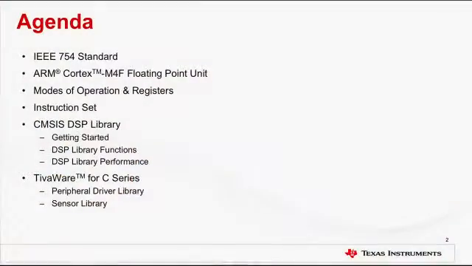Today we will talk about the floating point unit on the state-of-the-art new Tiva TM4C123X family of microcontrollers. By the end of this presentation, you will be familiar with the IEEE 754 standard of representing floating point numbers, the floating point unit on the TM4C123X microcontrollers, its modes of operation and registers, the CMSIS DSP library, and TivaWare for C-series APIs.